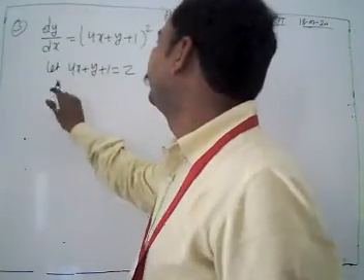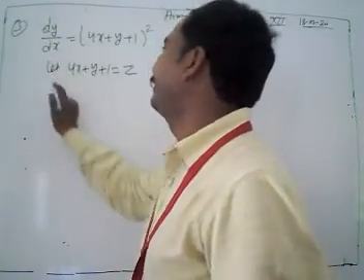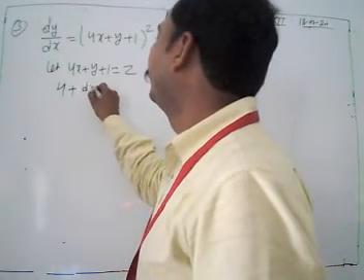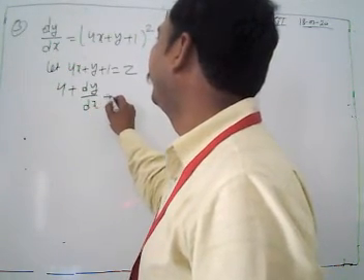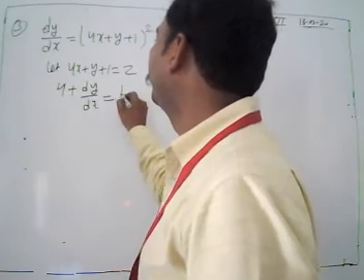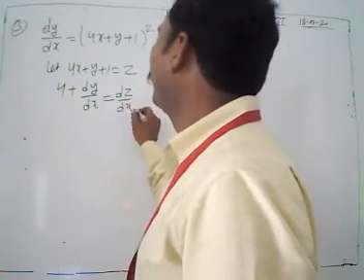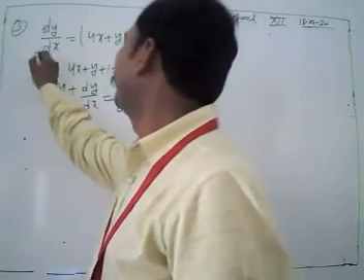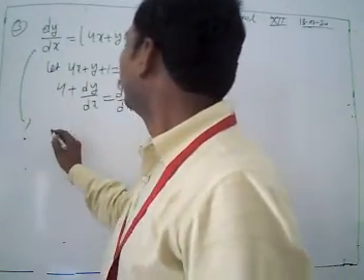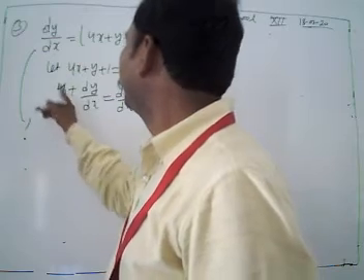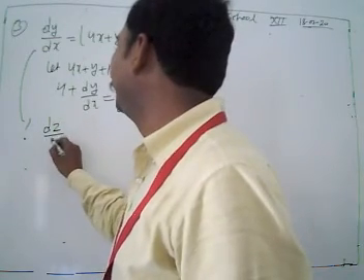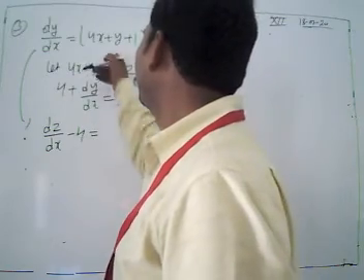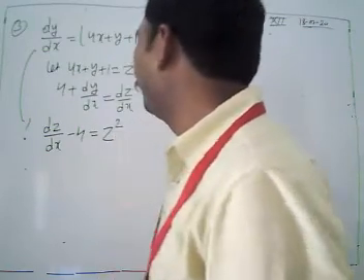Now, differentiating with respect to x, we get 4 plus dy by dx, and we get 0 on the other side. So dy by dx is reduced to dz by dx minus 4, and now our equation converts to dz by dx minus 4 is equal to z square.